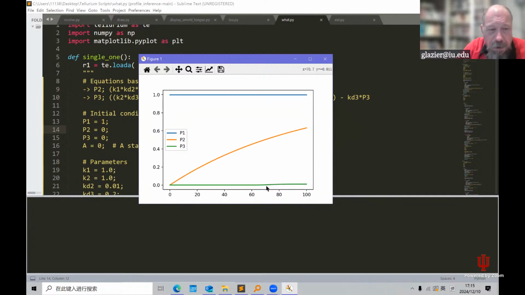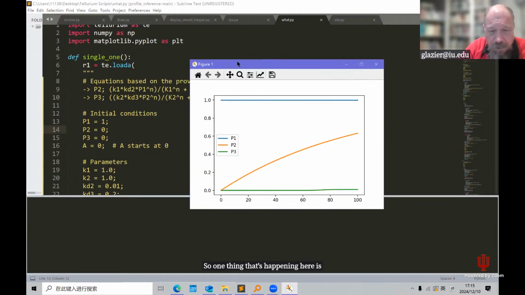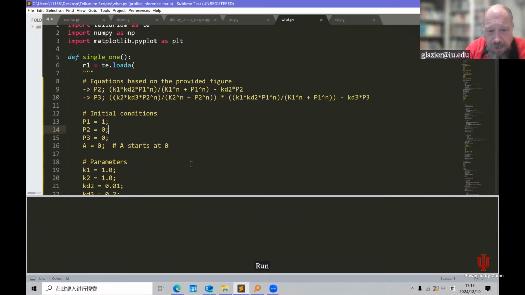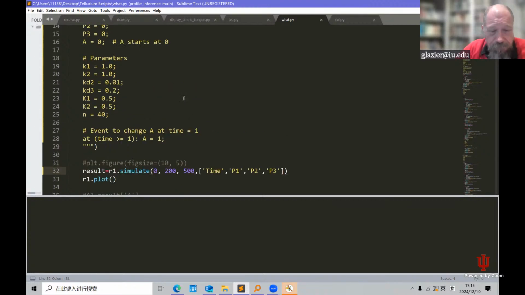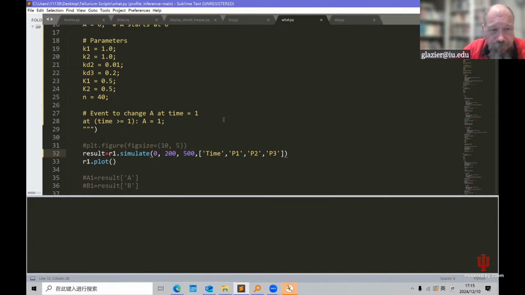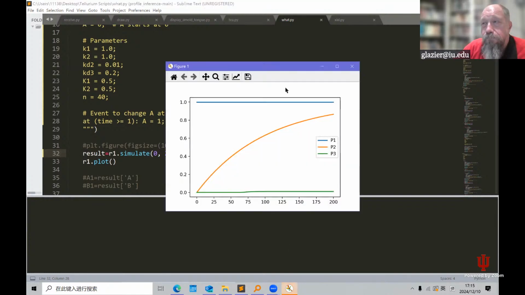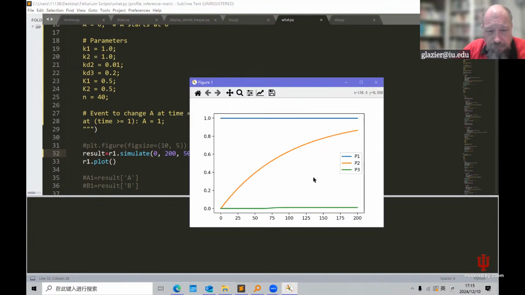Okay, so one thing that's happening here is that P3 is never turning on. Let's try running it for a little longer. Run it for 200 time steps. Hmm. So P3 is never turning on.